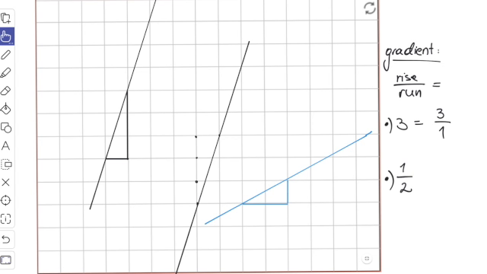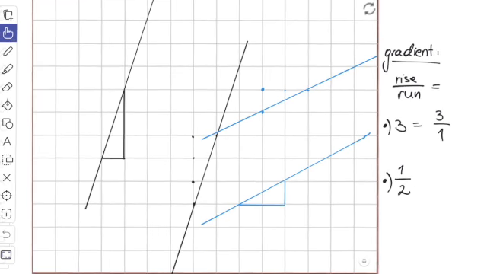Second method, you start at any point and your numerator tells you that you need to rise 1, and your denominator tells you you need to run 1, 2. And then you connect those 2 points again to form a straight line with a gradient of 1/2.